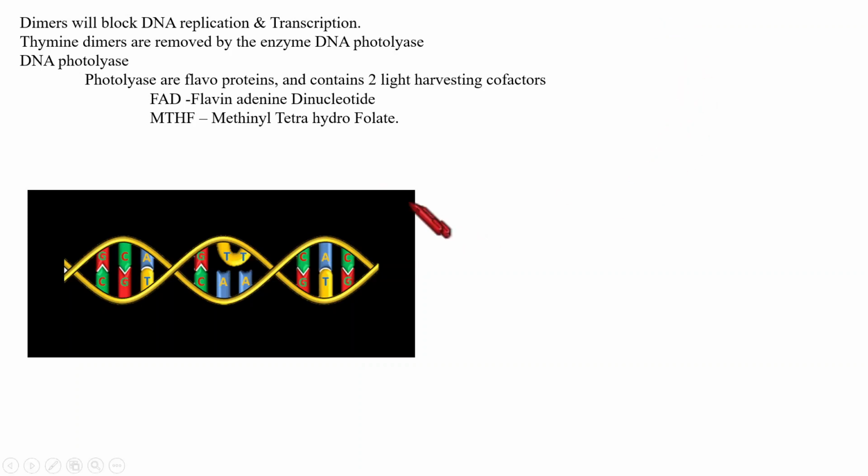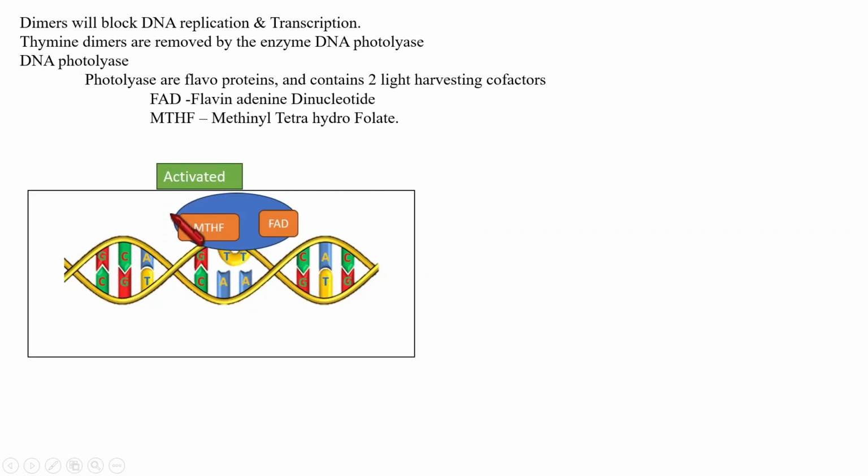Okay, so now it is dark and the enzyme comes and binds to that damaged site. And we can see the two cofactors here, MTHF and FAD. And in the presence of light, this enzyme gets activated.